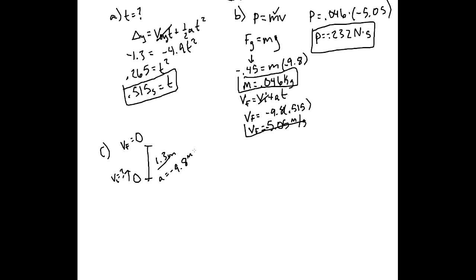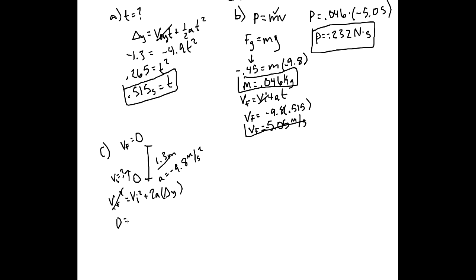So you have to utilize the one equation that does not involve time. That is v final squared equals v initial squared plus 2a, in this case, delta y. Now, delta y is going to be positive, and I know that my v final is going to be 0.